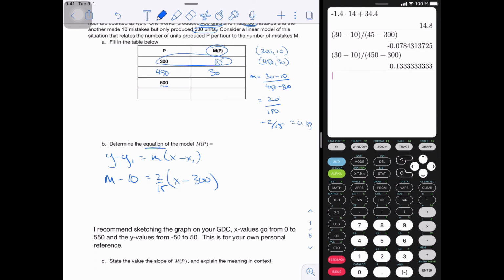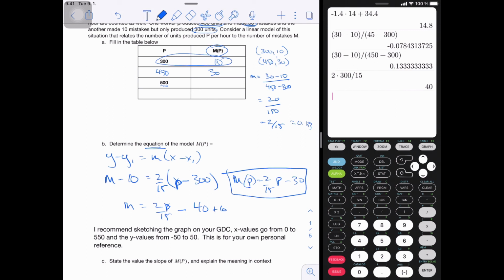And so if I do these computations, I subtract this over, I get 2x over 15 minus 2 times 300 divided by 15, which is 40, plus the 10. And so I know that, oh, this should be P. This is P. So I know that M of P is equal to 2 over 15 P minus 30. And so this is my equation for the model M of P, where the number of mistakes relates to how many products are produced.